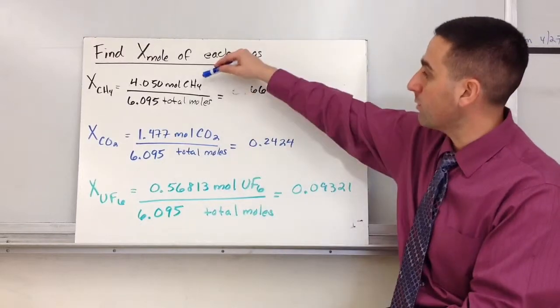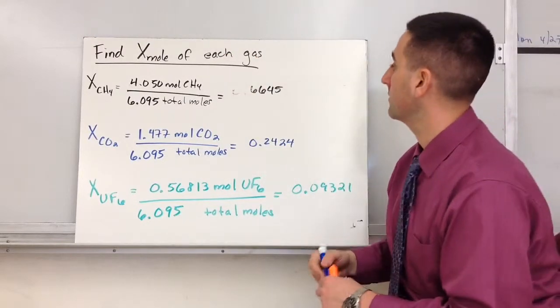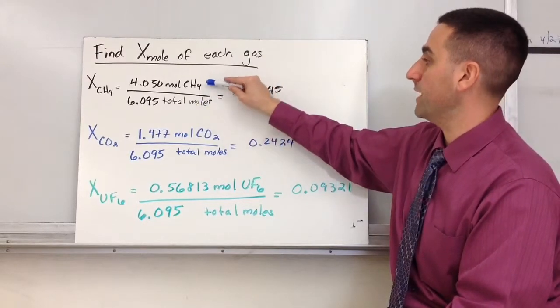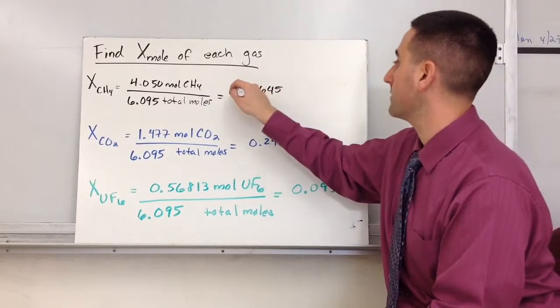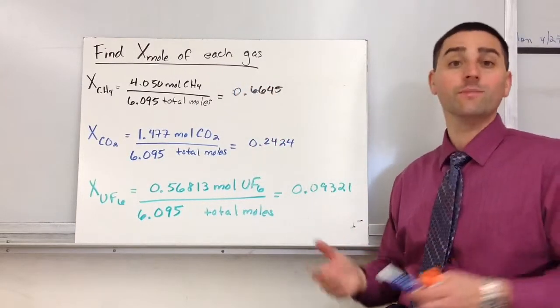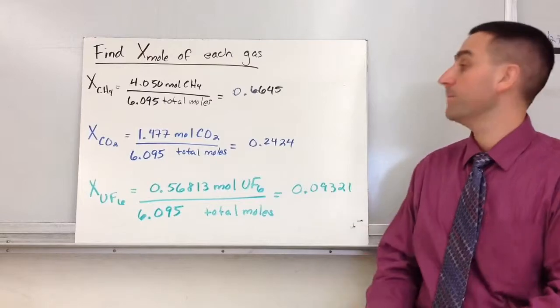And I simply take the number of moles of each gas and I divide by the total number of moles. And this got cut off. This is 0.6. Right? So what does this even mean? What does this tell you? Think about it.